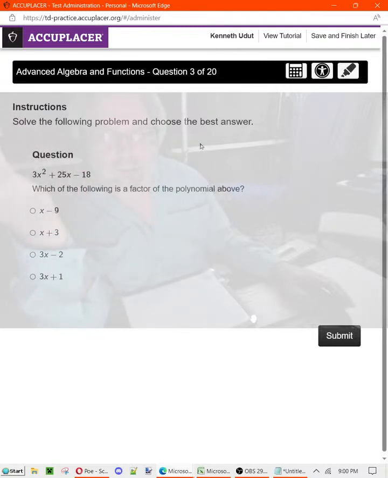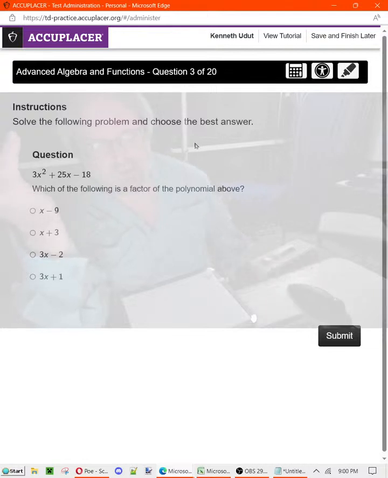I see x minus 9. What does that mean? It's a factor of the polynomial. So there's two factors. Okay. So starting at the right, I mean, 9 is a factor of 18. 3 is not a factor of 18, so it wouldn't be x plus 3.